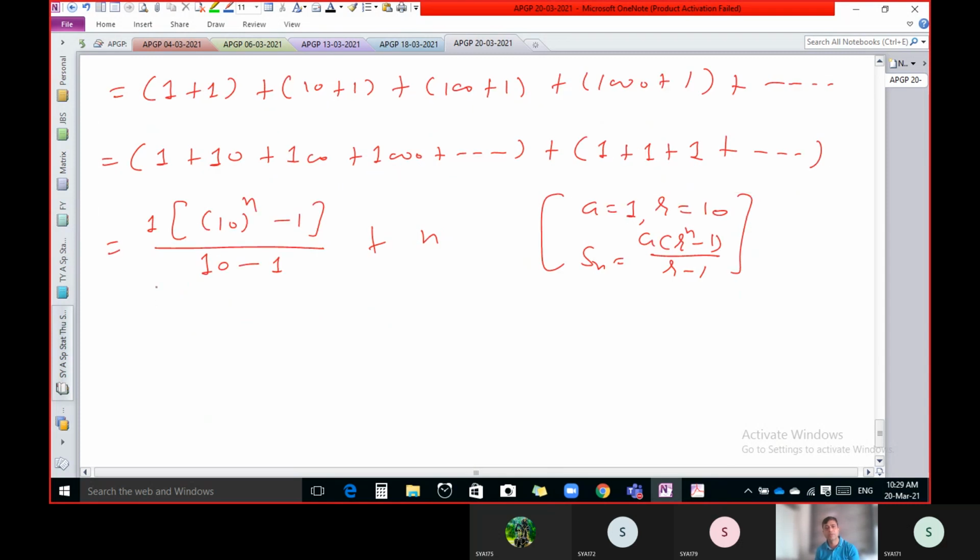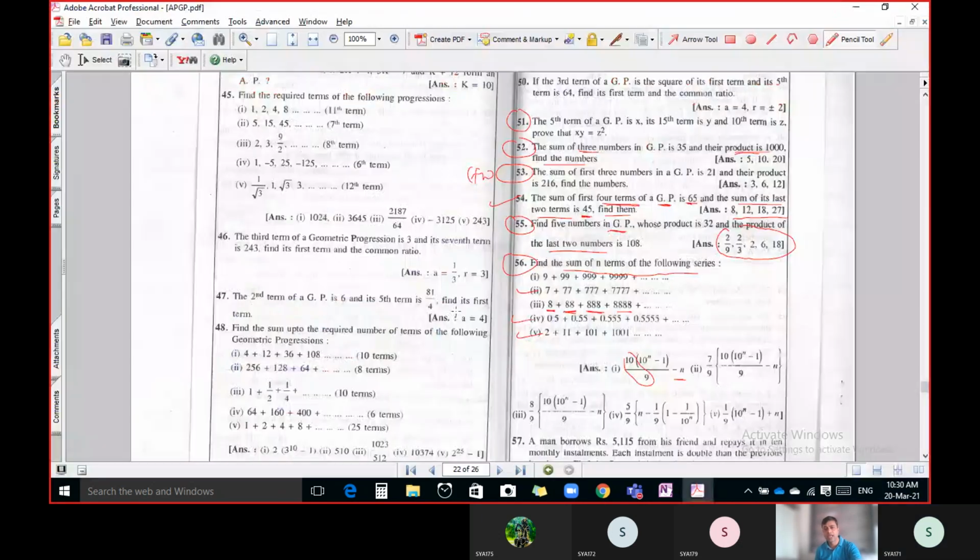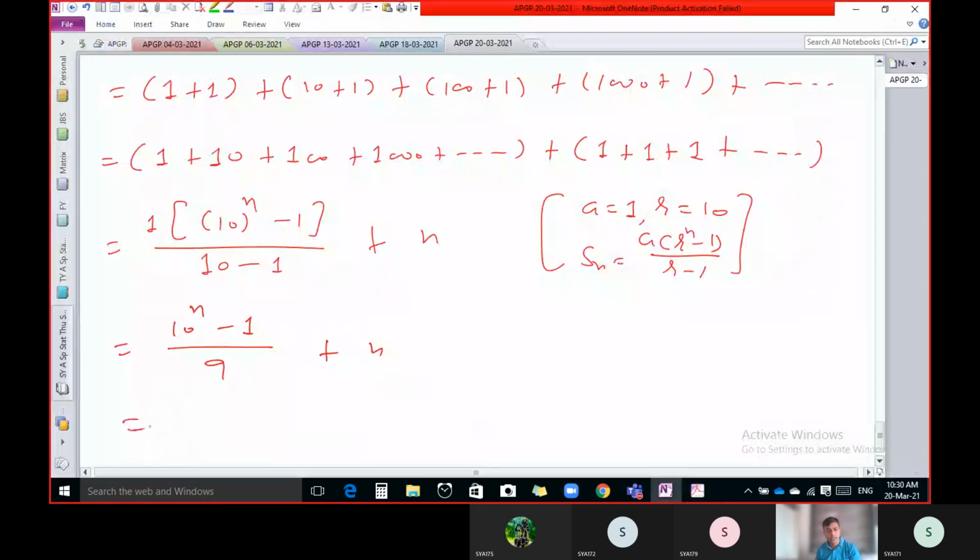What is my final answer? Tell me. No need to write 1 into this. 10 raised to n minus 1 upon 9 plus n. You can write 1 upon 9, 10 raised to n minus 1 plus n. But it's okay if we write up to this.